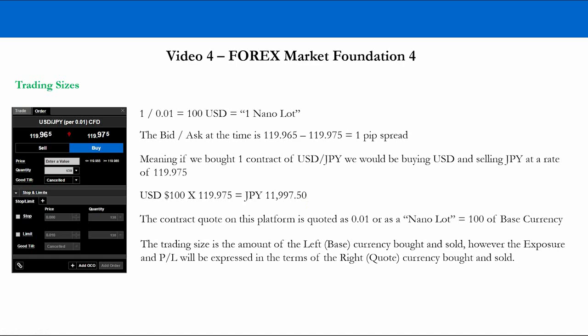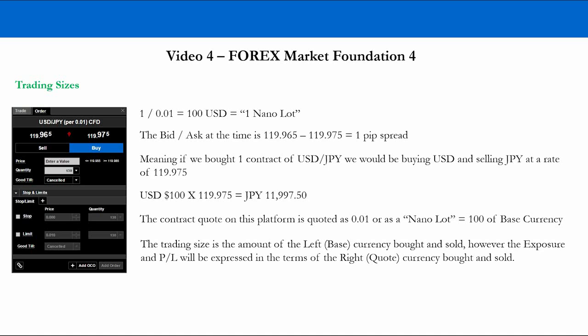The contract quote on the platform is quoted as 0.01 or as a nano lot, and this equals 100 of the base currency. So if we work this out, $100 times 119.975 is equal to 11,997.5 yen. Again, the trading size is in the amount of the left currency, the base currency, that's bought and sold. However, the exposure and P&L is expressed in terms of the right currency, the quote currency, that's bought and sold.